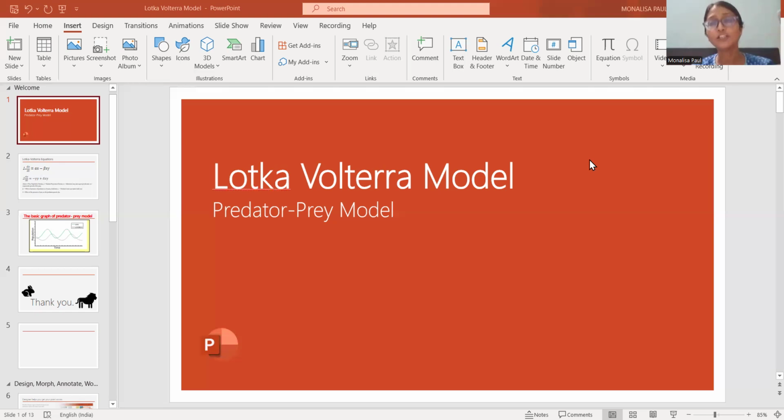Because the environment is very dynamic, so we need data for a very long time on what the population was. This Lotka Volterra model, or predator prey model, is based on assumptions. I'll talk about that later, but let us see what this predator prey model is.